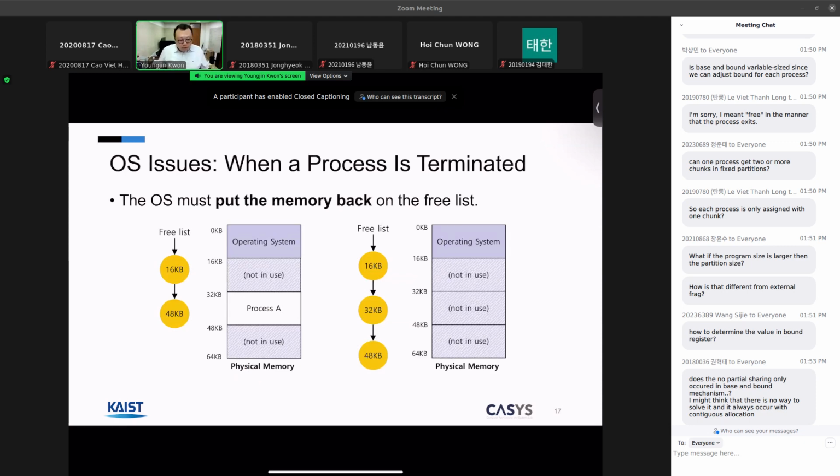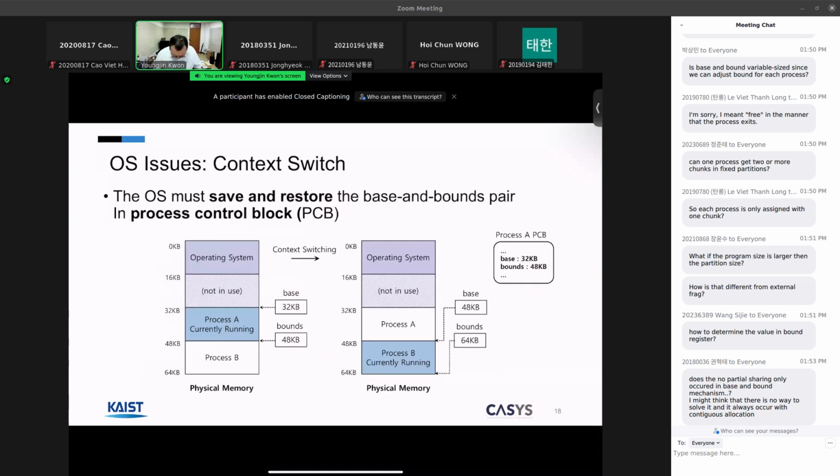If it's allocated, the operating system uses it. When a process is terminated, for example a process that used this chunk 32, the operating system has to add this free chunk back into the free list. And when a context switch happens, the operating system has to maintain the base and bound register values in the process control block.